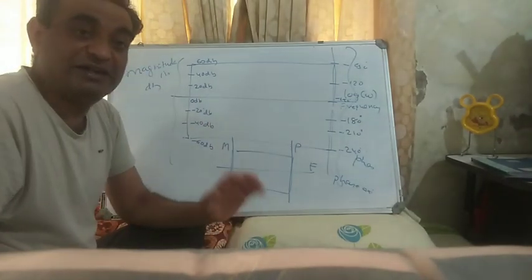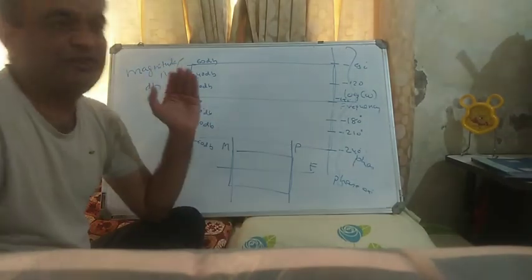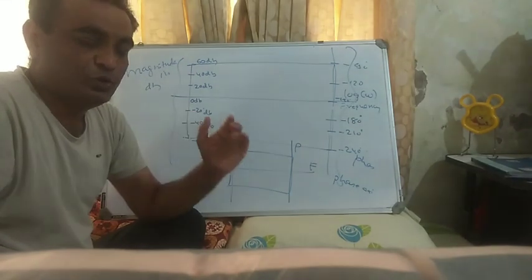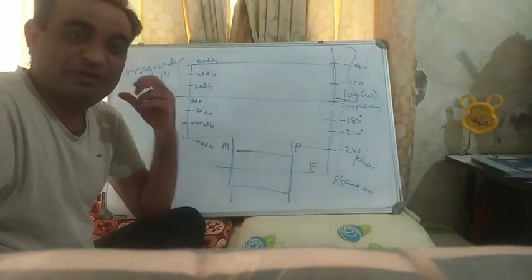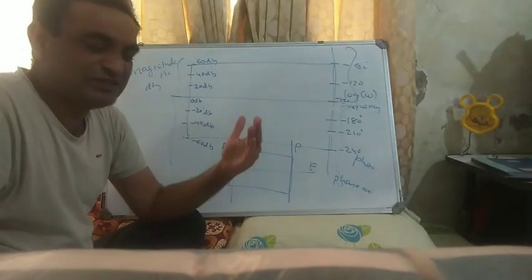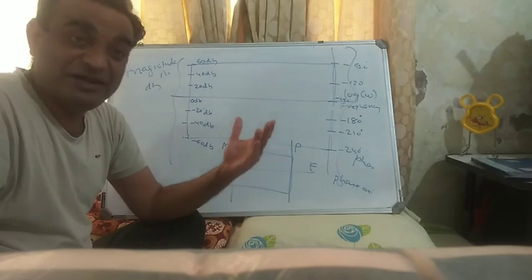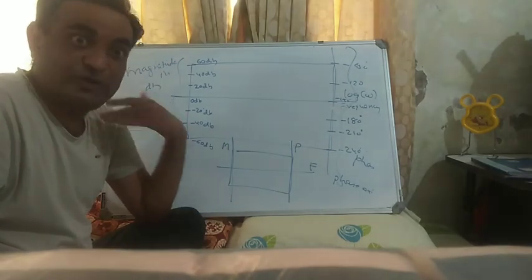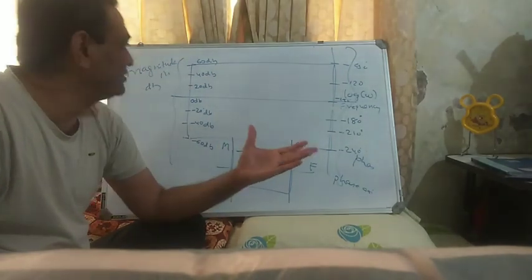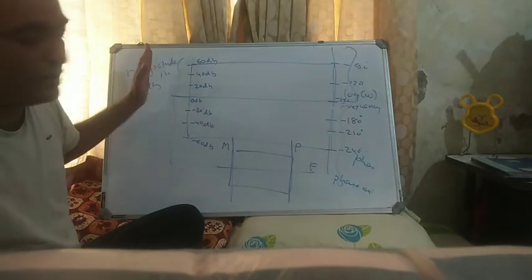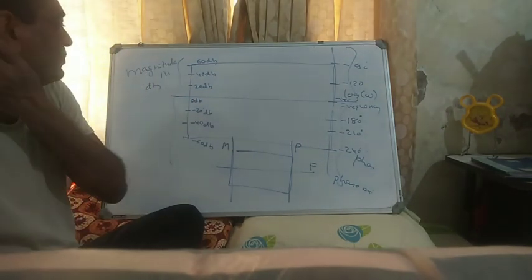So let's finish this lecture here. So far I have given you the introduction to the Bode plot, what the components involved in the Bode plot are, and how the scales are used. To accommodate the larger frequency range, we use logarithmic scales, and the magnitude scale is in decibels.